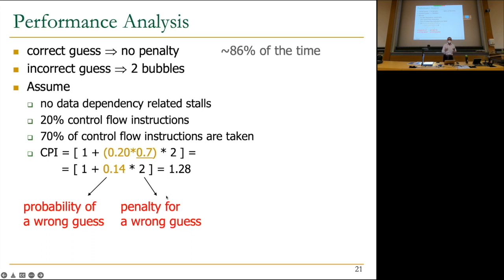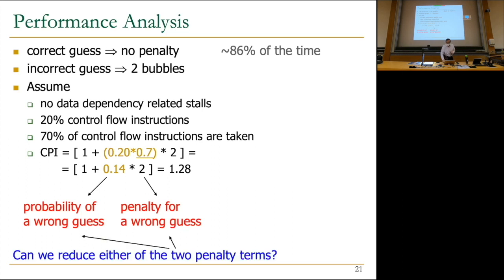You need to optimize for both. If the penalty for a wrong guess is extremely large, even if your probability for a correct guess is very high, just like we have seen, that probability may not be enough. 90% may not be enough for you, basically, if your penalty is large. If your penalty is small, maybe you can get away with a smaller probability of a correct guess. That's the idea, basically. So you can reduce either of the 2 penalty terms.